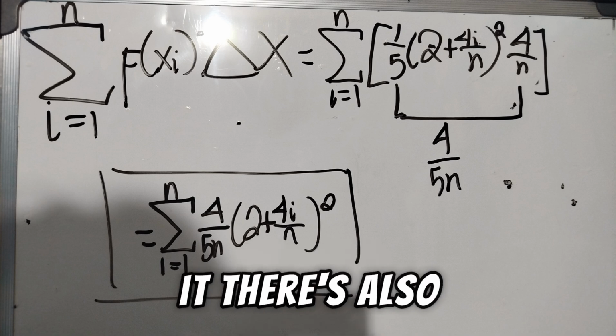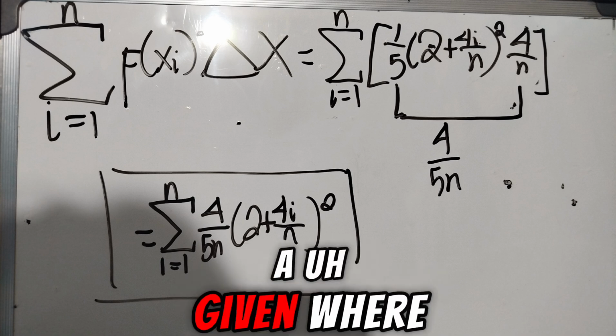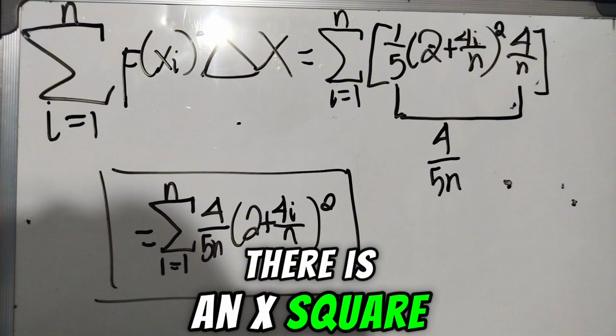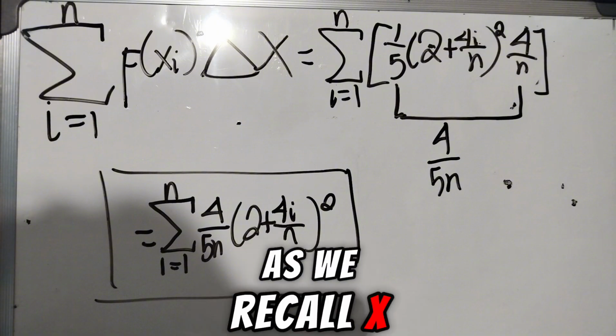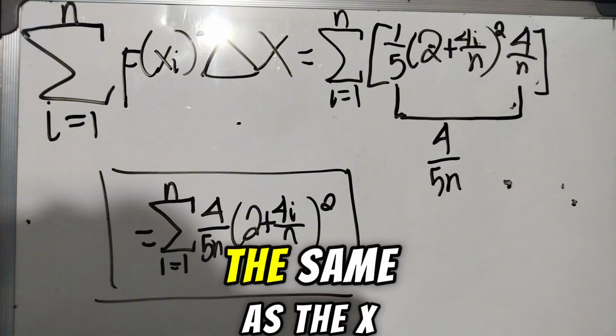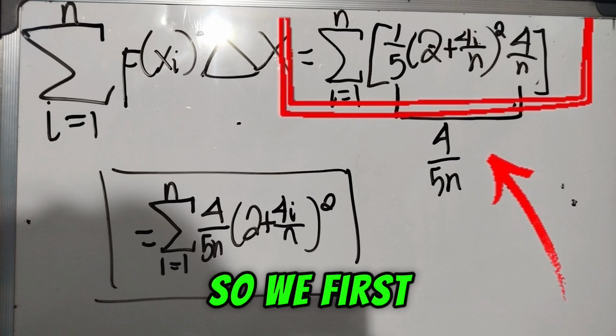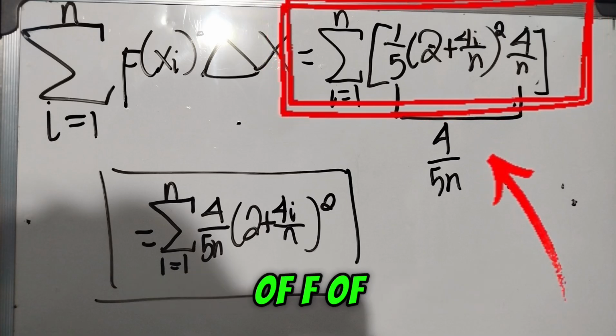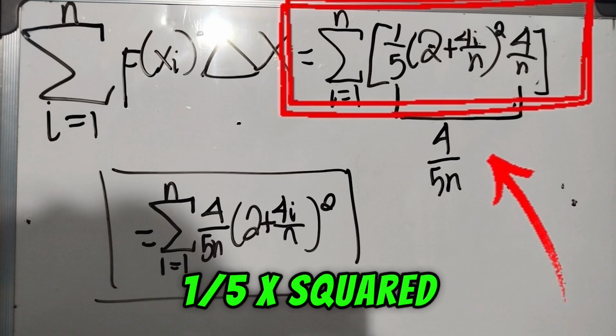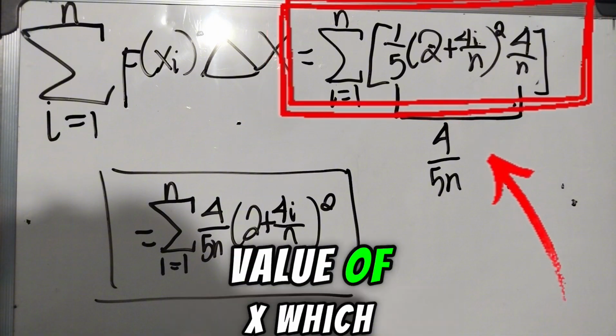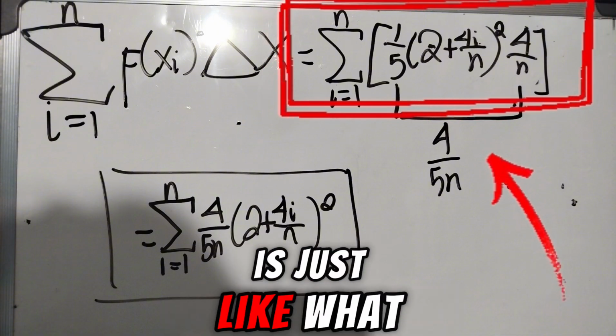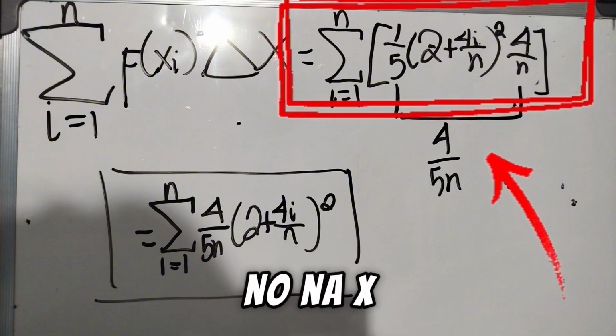The 1/5 comes from the f of x, which is 1/5 x squared. And next to it, there's also a given where there is an x squared. As we recall, x sub i is just the same as the x. So, we first substitute the value of f of x, which is 1/5 x squared, while we substitute the value of x, which is x sub i.